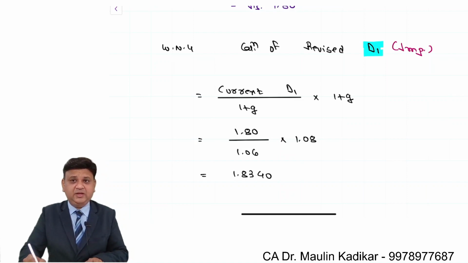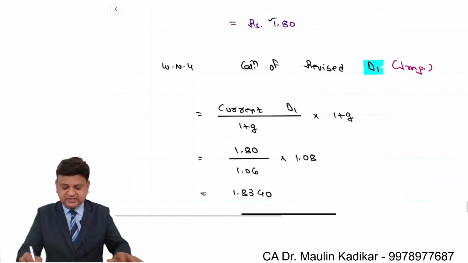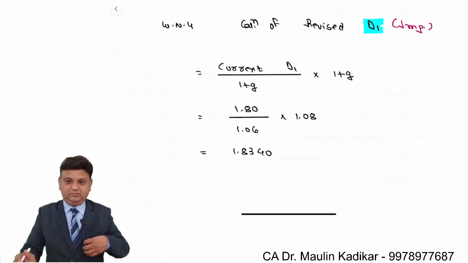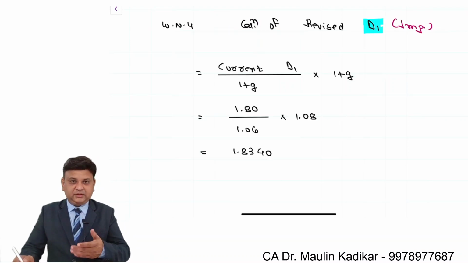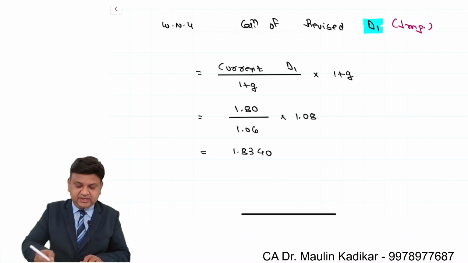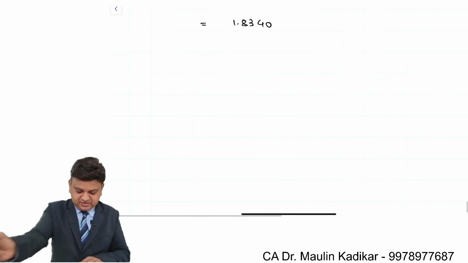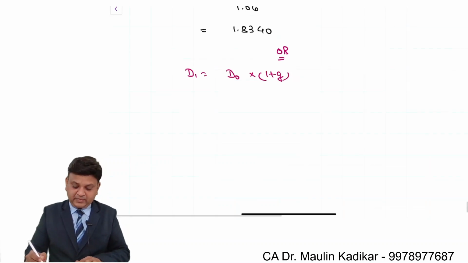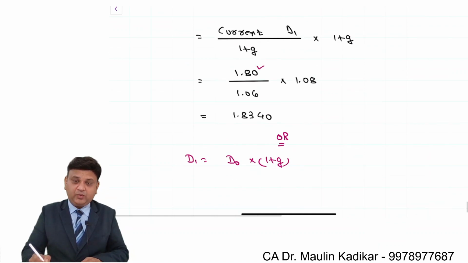Okay. Now we'll compute the revised P0. We can understand this working note once again in an alternative manner. D1 is equal to D0 into 1 plus g. Currently, what is D1? 1 rupee 80 paise.